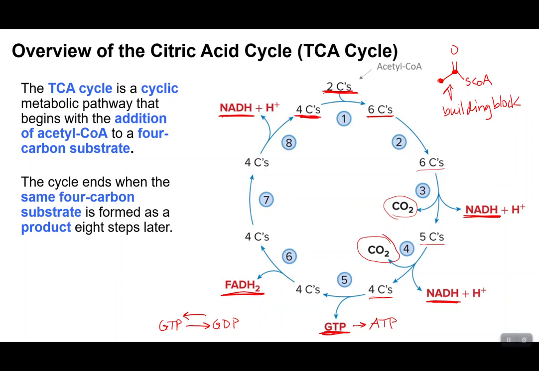All right, so this is the zoomed out version of what is happening in the citric acid cycle, with a focus on the main reduced coenzymes that are being generated. We're also generating GTP, and we're also generating these carbon dioxide molecules. So this is going to be one of the main focuses in our analysis today.